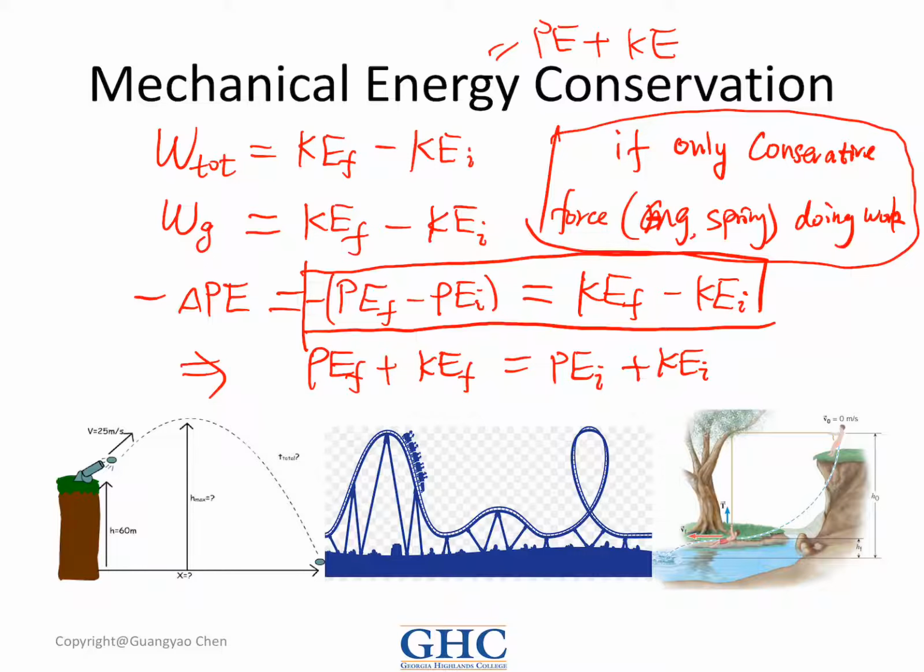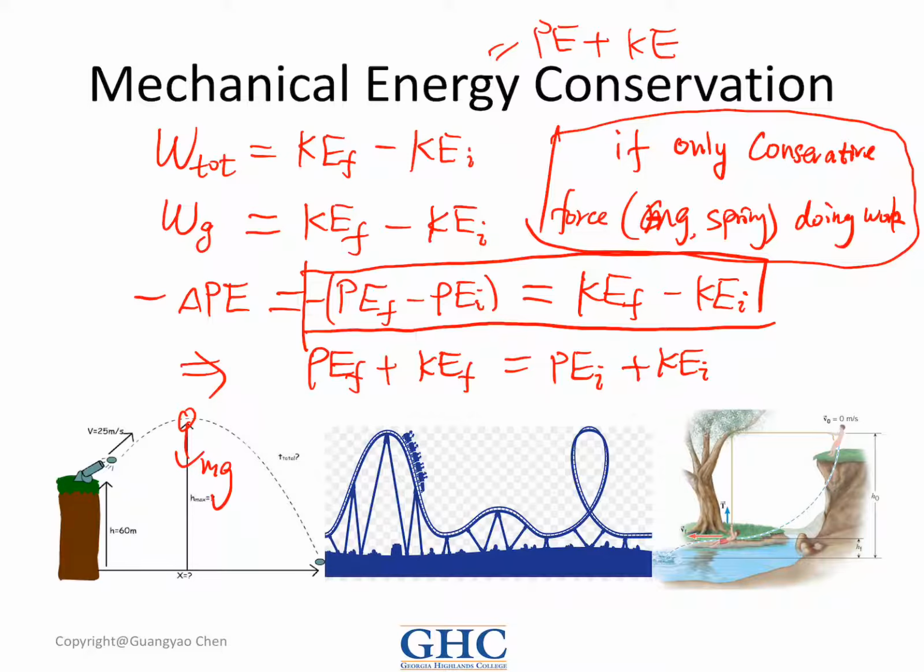So apparently you see a projectile, which only has gravity acting on it. Only gravity is acting on a projectile, so it has to be only gravity doing work on it. So mechanical energy has to be conserved for the projectile.